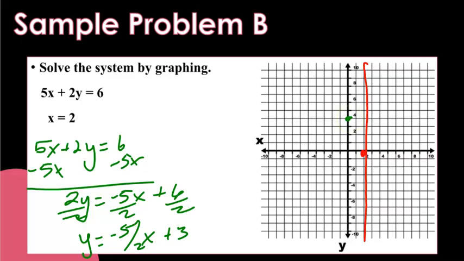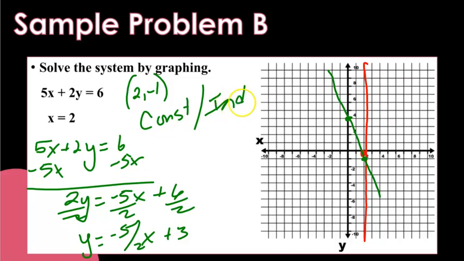Down 5, 1, 2, 3, 4, 5. To the right 2, 1, 2. So it's going to cross down here. And the point that they're going to cross will be (2, -1). And because it crosses in exactly one spot, this would be consistent and independent.